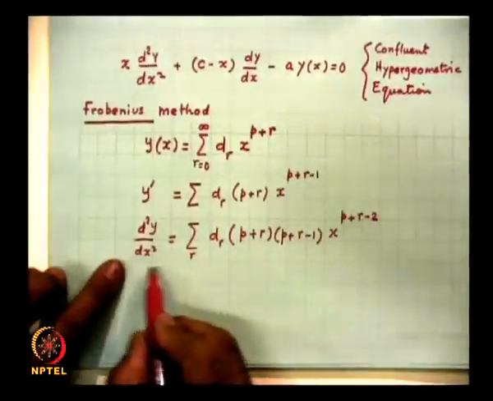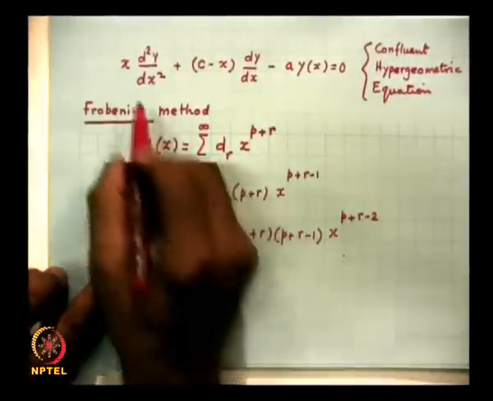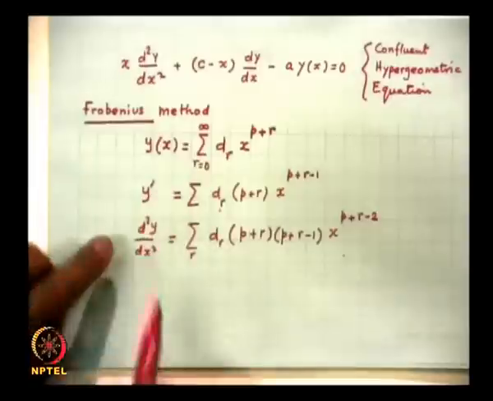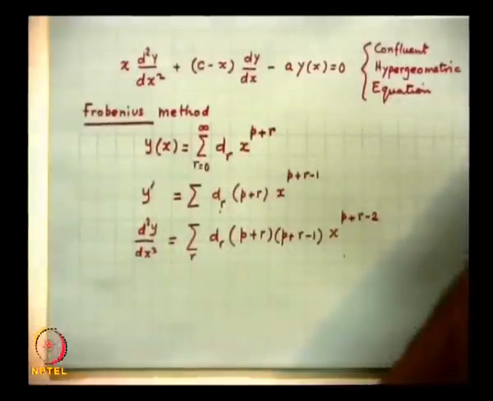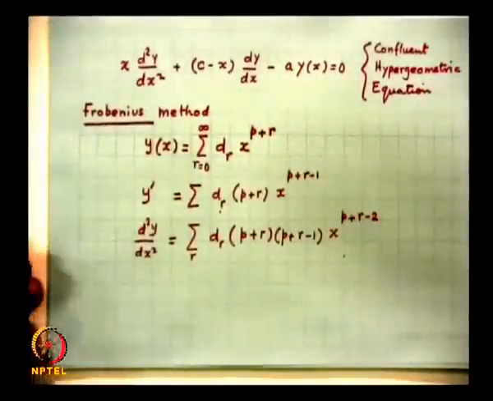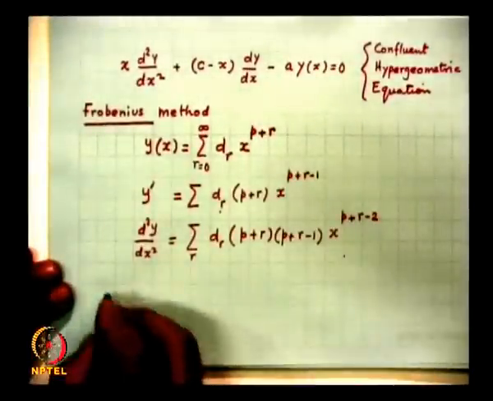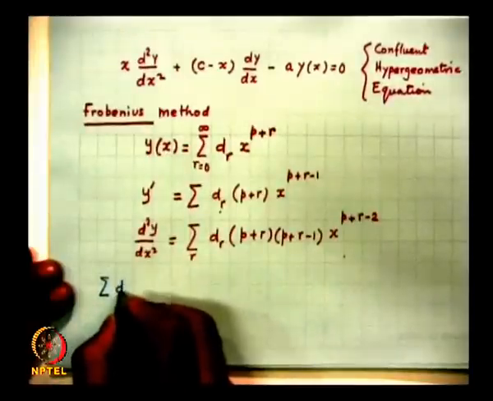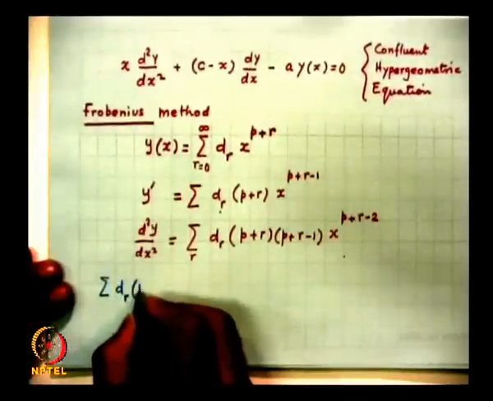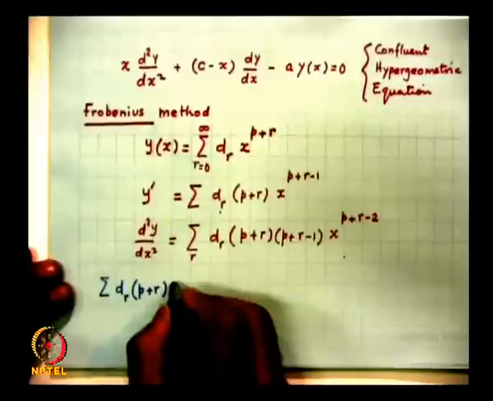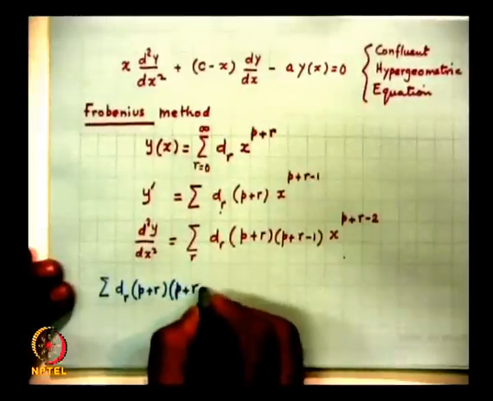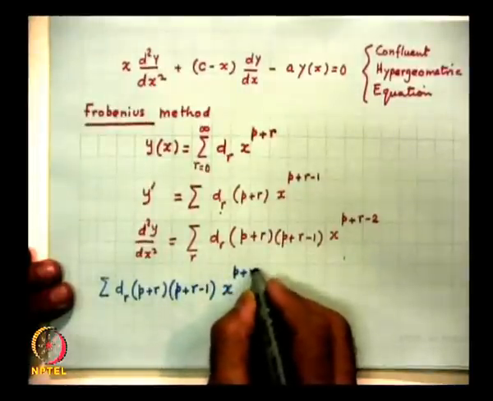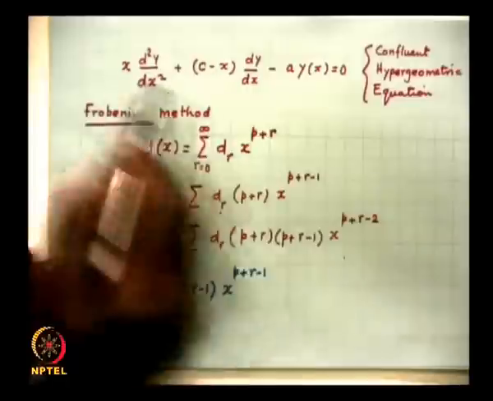The next step is I substitute these into the equation. If I multiply by x, I get the sum of d_r (p plus r)(p plus r minus 1) x to the power of p plus r minus 1, because I have multiplied by x.